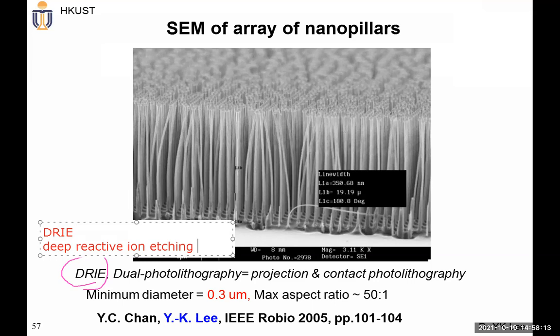More than 20 years ago, people used deep RIE mostly to make micromachines or microfluidic devices. But now deep RIE is used in 3D IC integration, and also in your smartphones, those kinds of MEMS sensors. So you should know that deep RIE has gradually become one of the quite important technologies in the semiconductor industry.